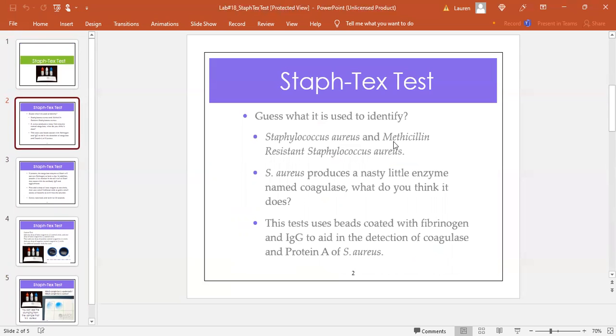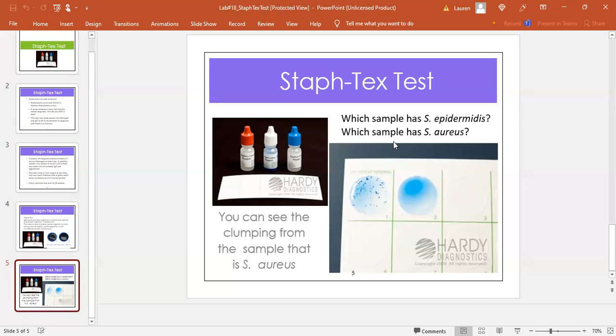And then one thing that you might be asked as like a trick question is, if you were to see this result on the left, would that tell you that that could be MRSA, or is that S. aureus? Oh, I think she asked that on the lab. I think it would be just it's aureus, right? Not MRSA. Yes, because what was the test you did a couple of times with the antibiotics?